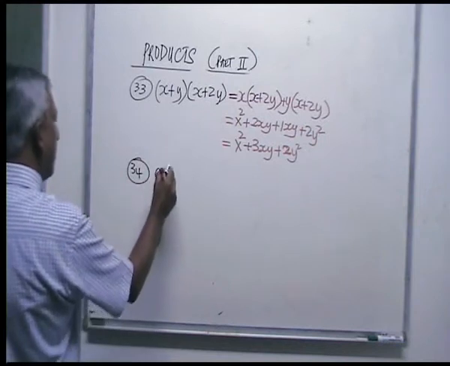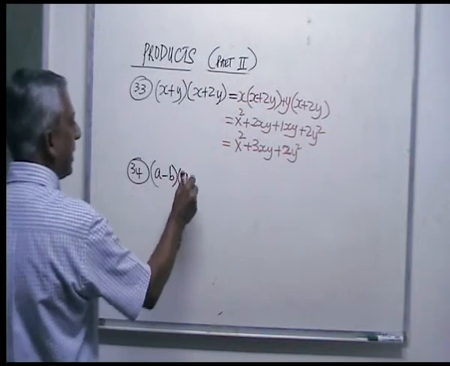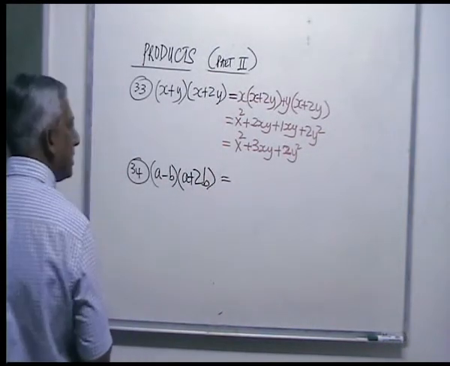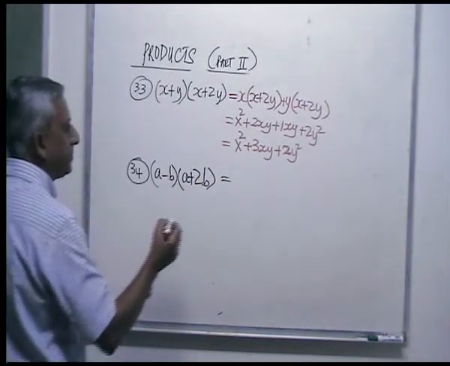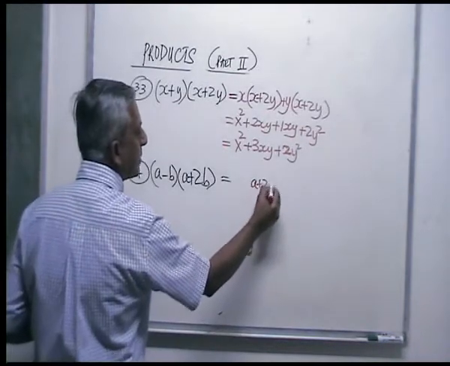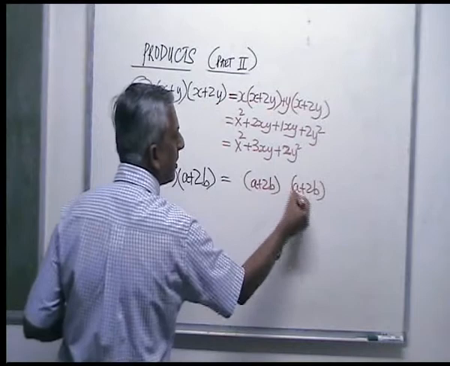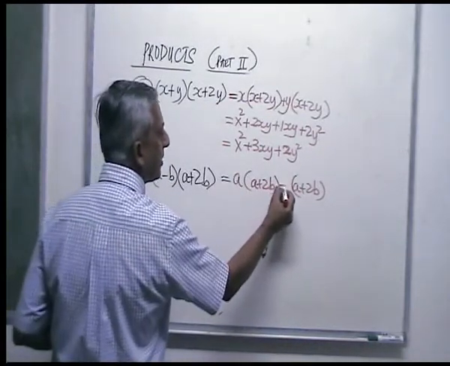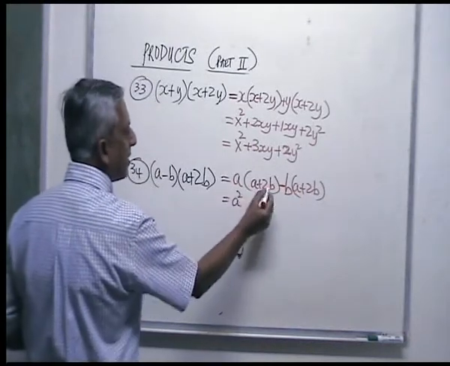Number 34, you got a minus b into a plus 2b. Alright, so that will give you a plus 2b, a plus 2b, and here you have a, and here you have minus b, and that gives you a squared.